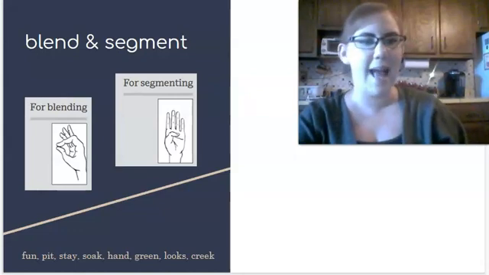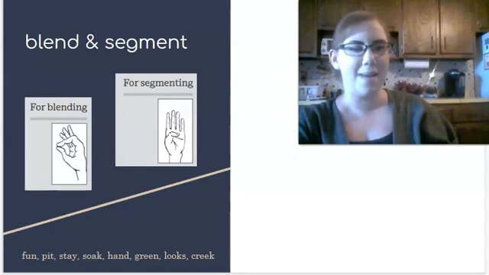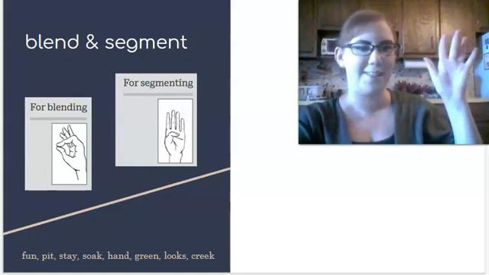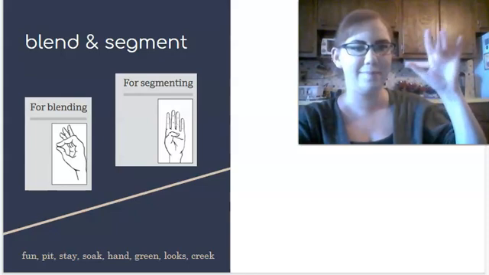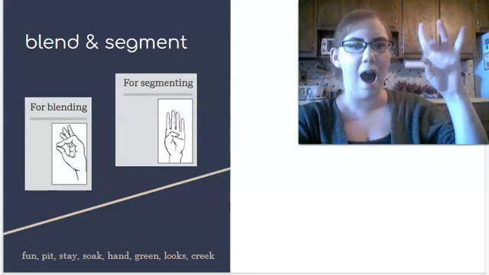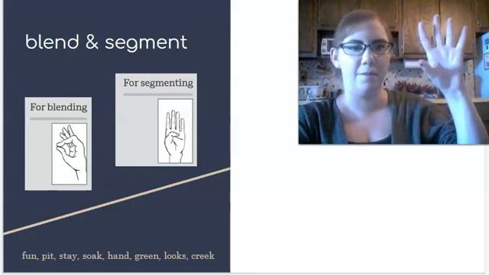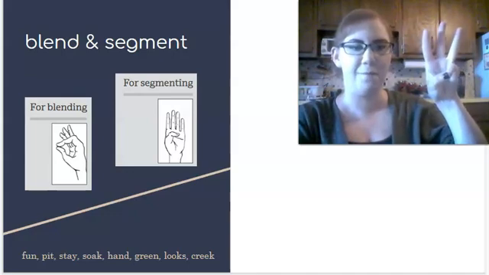Remember, to blend, you're going to touch your finger to your thumb, and to segment, you're going to wiggle your finger as you say the sound. Get your hands ready. Fun. 3 fingers for fun.